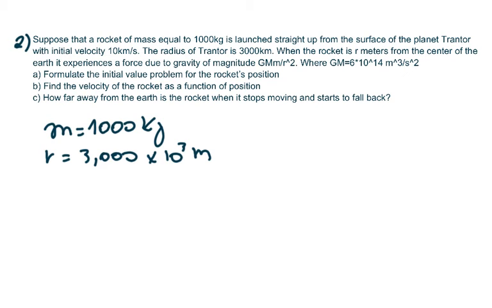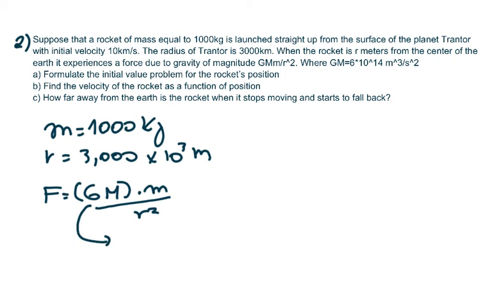Remember that. So when the rocket is r meters, now it's telling us from the center of the Earth, it experiences a force due to gravity. So our force right here is going to be equal to GM times the mass, and then this is going to be over r squared, okay?